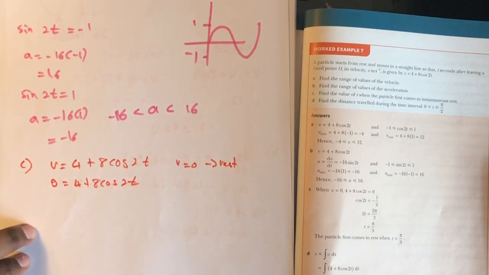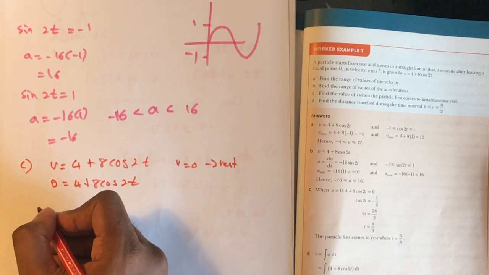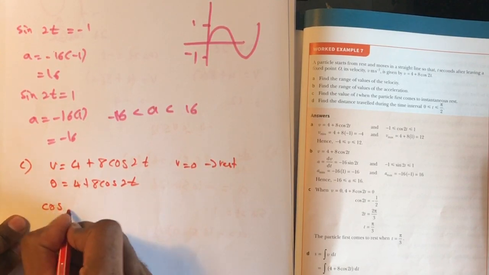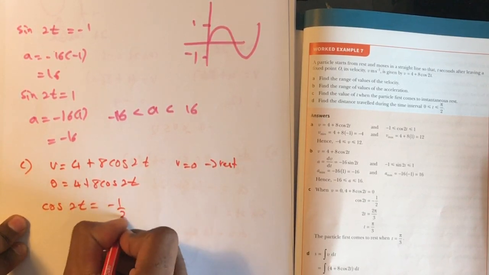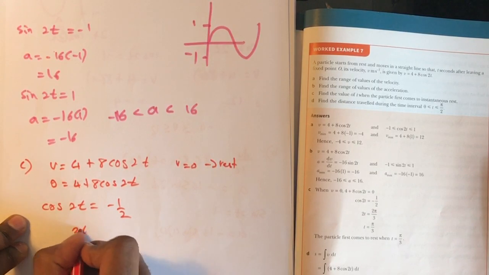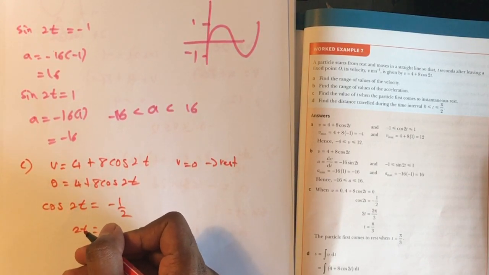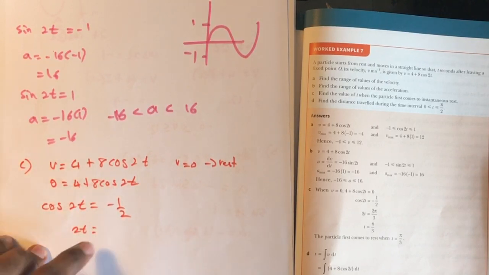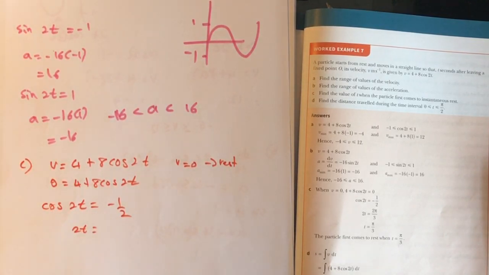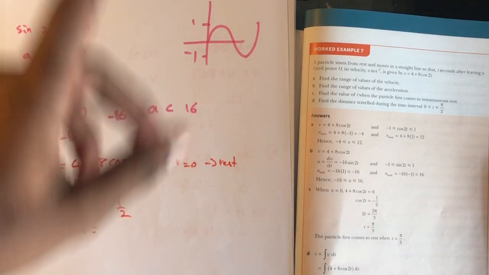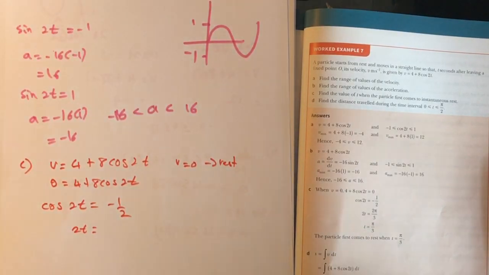So we shift the 4 there, we shift the 8 there. So cos 2t equals negative 1 over 2, and then 2t equals... you have to shift the cos first. When you do this, guys, don't do trigonometry where you go find a quadrant and so forth.